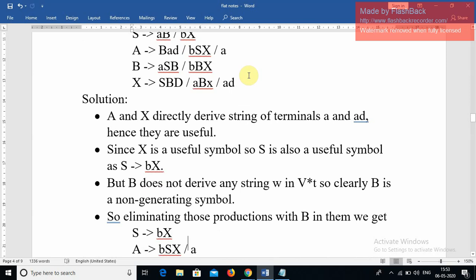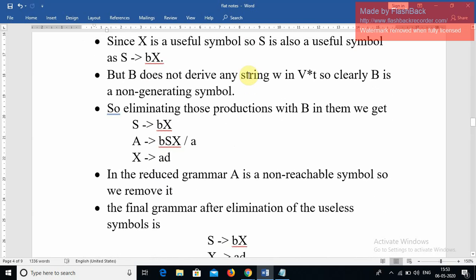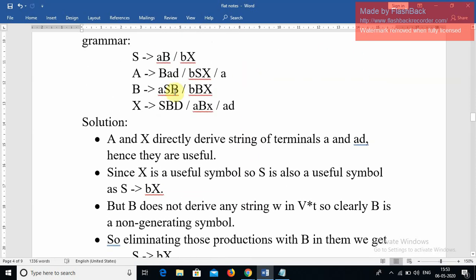Okay. Wherever we have a B in the grammar, we have to remove those production rules.